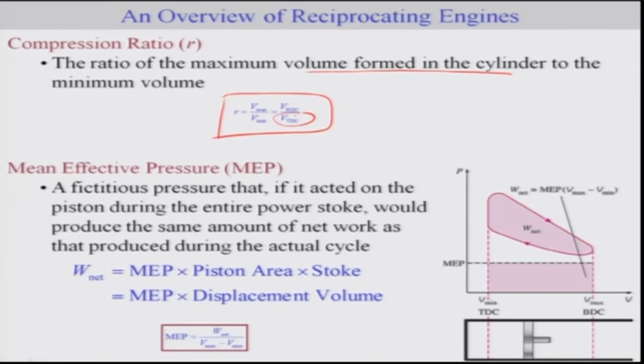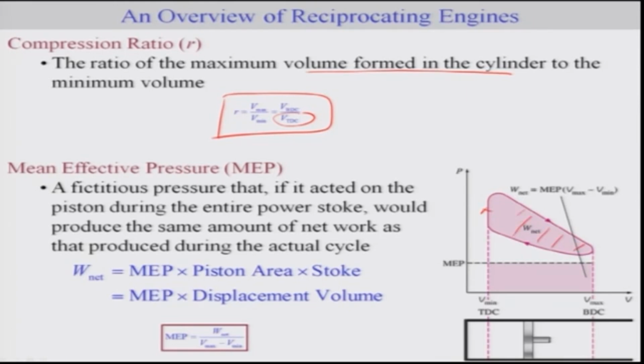We will also be making use of something called mean effective pressure, which is nothing but a fictitious pressure that, if acted on the piston during the entire power stroke, would produce the same amount of net work as that produced during the actual cycle. You can see the illustration here. If this is the complete cycle, the corresponding work is W net.